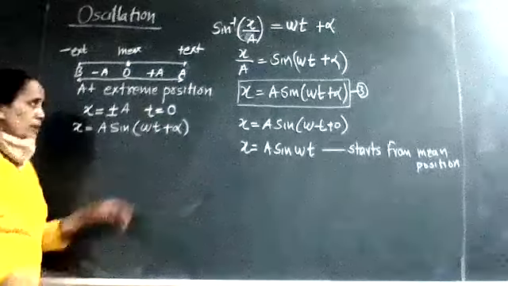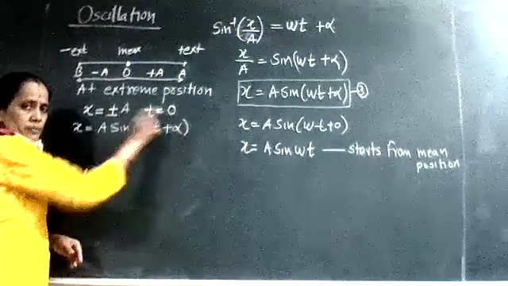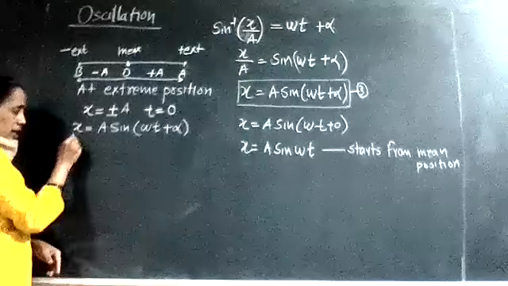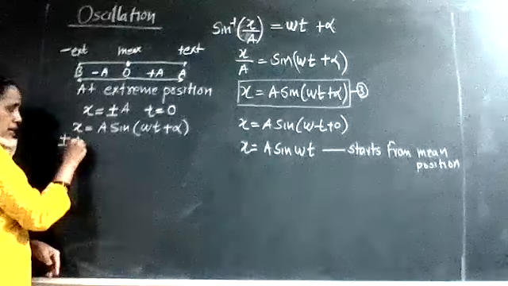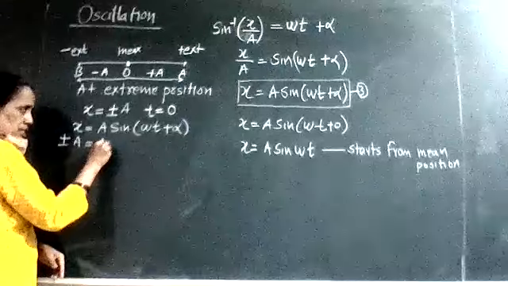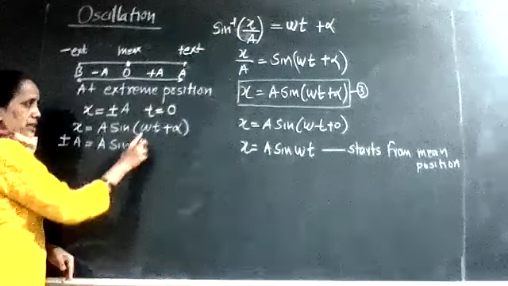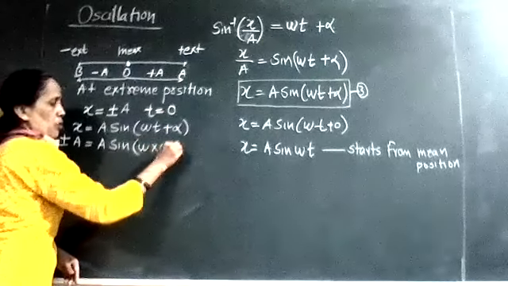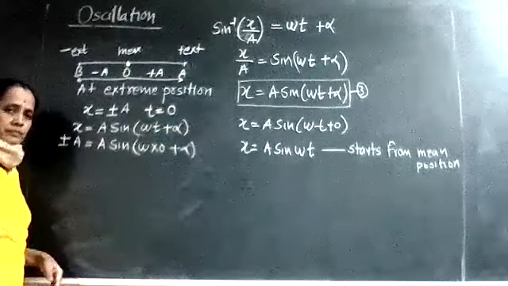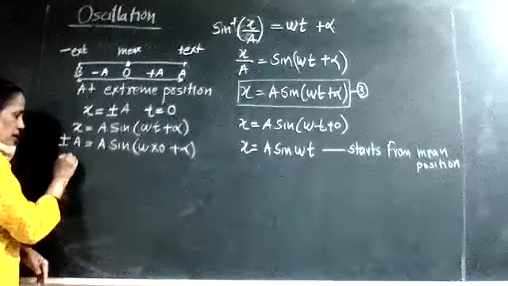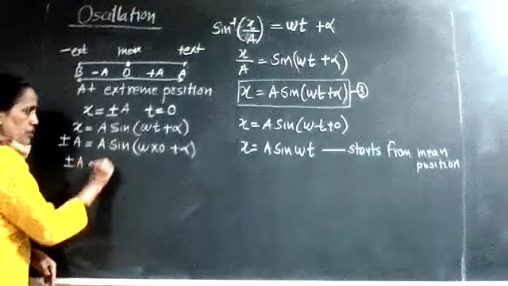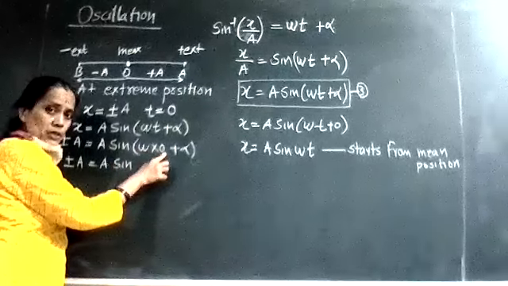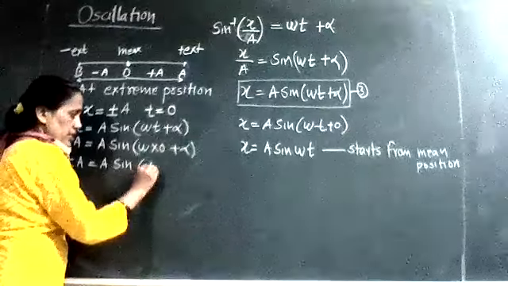In that equation I am going to put these values: x is equal to plus or minus A. So plus or minus A is equal to A sine in bracket omega times t, where the value of t is 0, plus alpha. So what am I getting? Plus or minus A is equal to A into sine of omega multiplied by 0, that is 0, 0 plus alpha is alpha.